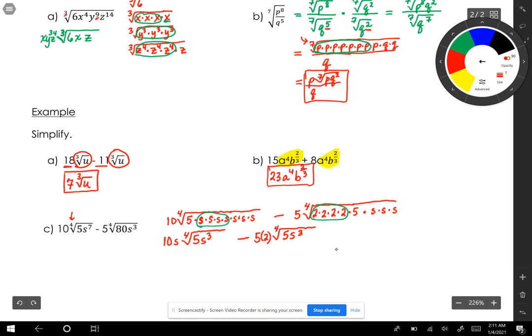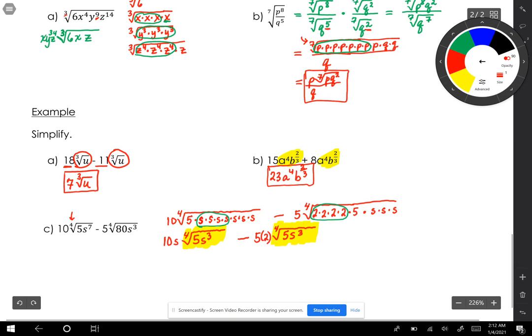Now notice they're alike. So this now is alike with that, which is good. That's what we want. So there we go.